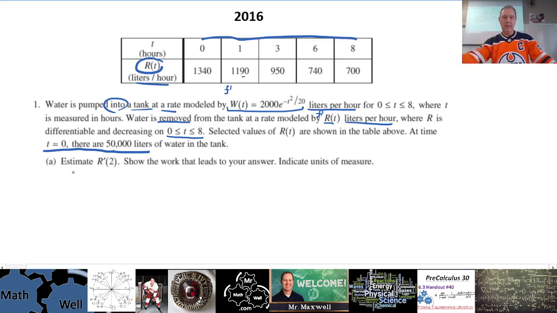So estimate from the tank, looks like, estimate R prime of 2. R is the first derivative, so this is really the second derivative. Estimate R prime of 2, show the work that leads to your answer, indicate units of measure. Okay.